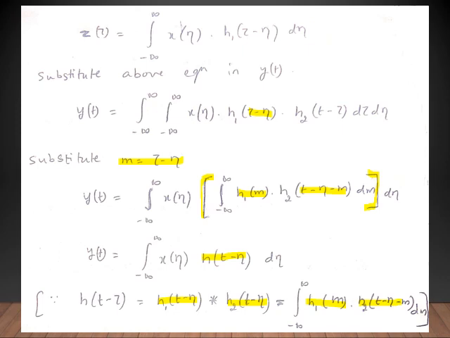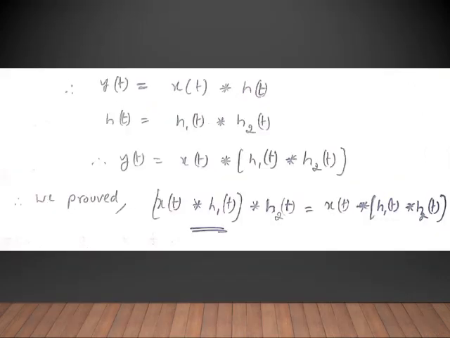So we can write that y of t is equal to x of t convolved with h of t, but we already know that h of t is the convolution between h1 and h2. So h of t I can write as h1 of t convolved with h2 of t. That's why y of t is equal to x of t convolved with h1 of t convolved with h2 of t.